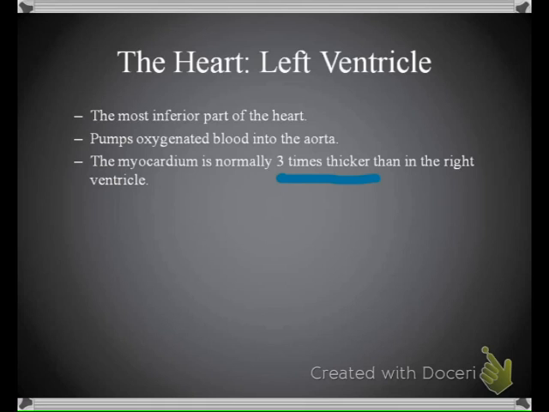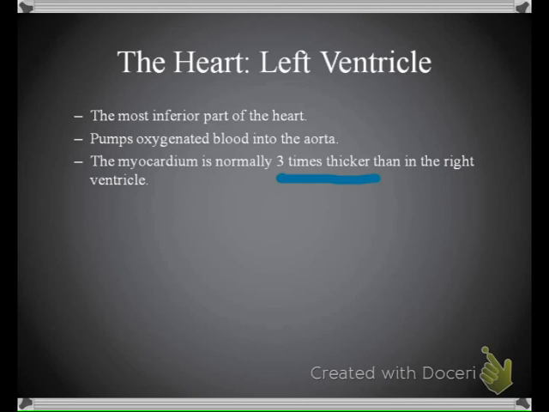What 3 times thicker actually means is that while the right ventricle is very important in getting the blood to be oxygenated, there's not this demand for the right ventricle as much as there is the left ventricle, because the left ventricle has to contract with such force that it pushes the blood up through the aorta, out into the carotid arteries and subclavians, and actually pushes blood up into the neck to supply the brain, to supply the extremities, and also to push blood down through the abdominal cavity and supply the abdomen and the lower extremities.